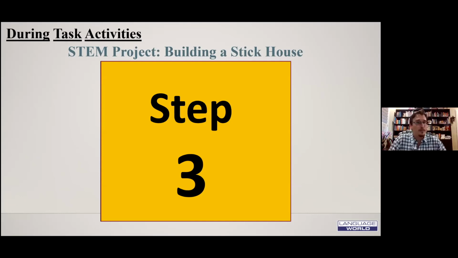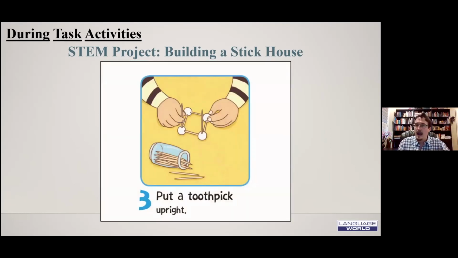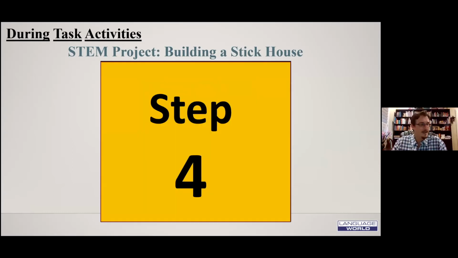Put it up, upright. Just have them guess. Can they guess from the word upright what it means? If they don't, that lets you know the vocabulary you can review with them. Then they can still check it. On this, I've seen most kids get it.